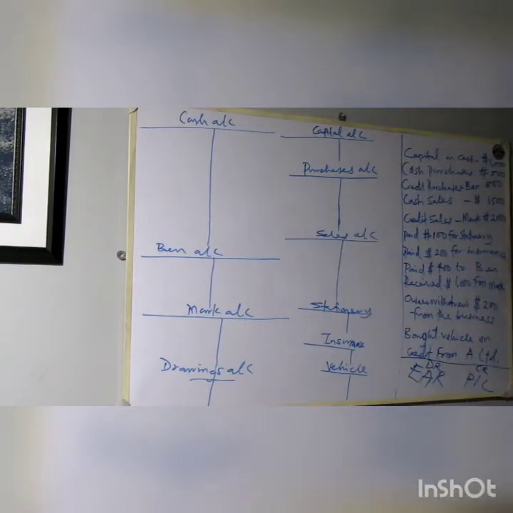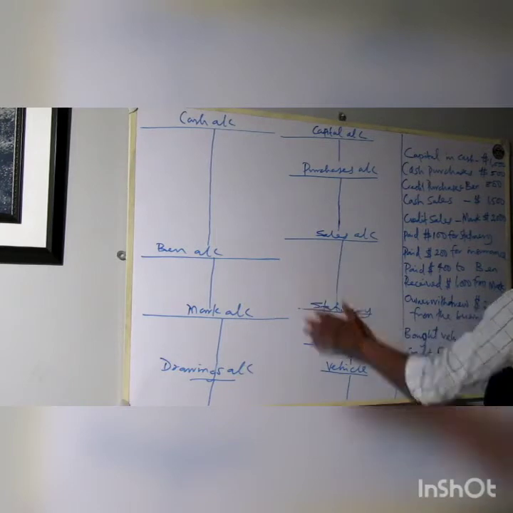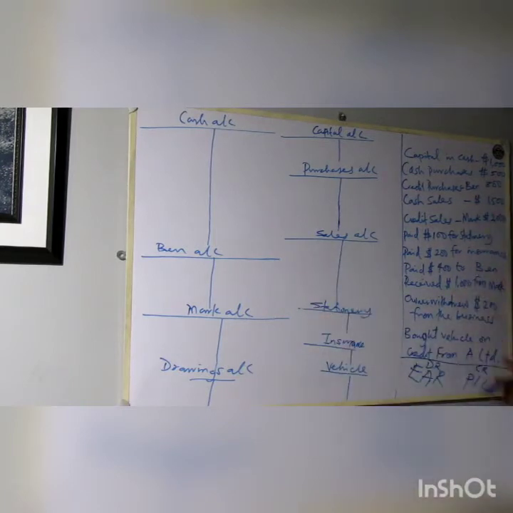So we already have a list of transactions on the right hand side of the board to prepare these ledger accounts and also finally extract a trial balance to test and see if the postings in these ledger accounts have been correct. Okay, I want to believe that the postings will not take us time.